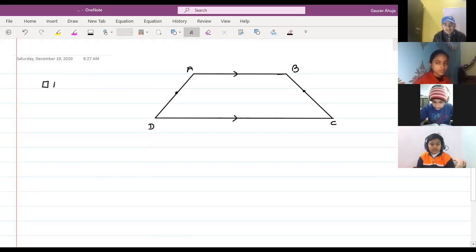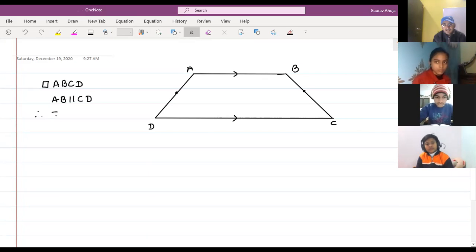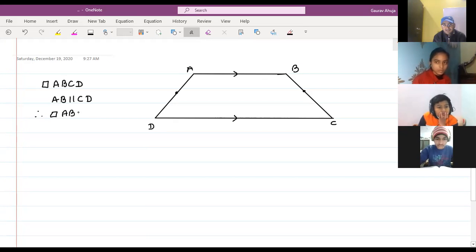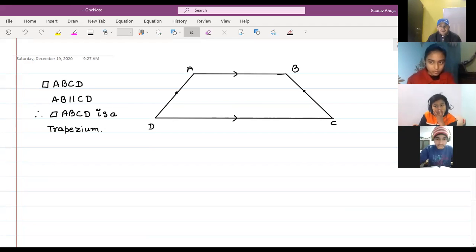In quadrilateral ABCD, if AB is parallel to CD, then the name of this type of quadrilateral is trapezium. So quadrilateral ABCD has one pair of opposite sides parallel.